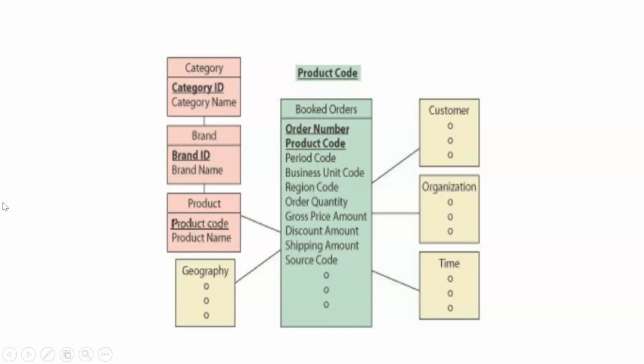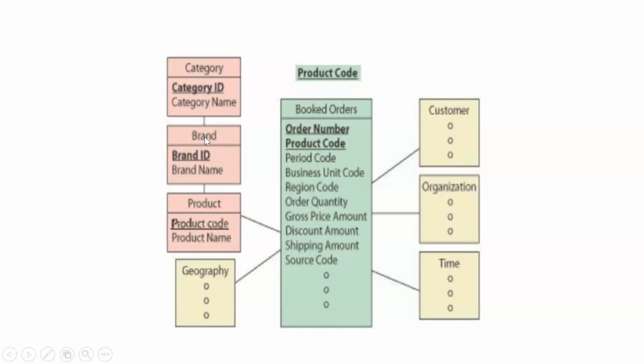But in the practical scenario, there are lots of dimensions we require to get separated from the dimension itself, because there is no direct relationship for a particular fact or measure value with that particular dimension.